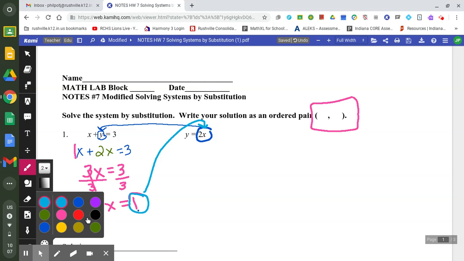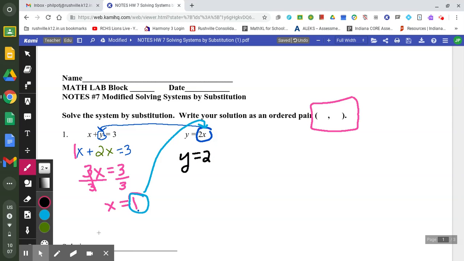So now I have y equals 2, which was part of the problem, and then instead of the x, I'm going to substitute in the 1. So now y equals 2 times 1 is 2. And now I have an ordered pair. And in my ordered pair, the x value always comes first. So 1, 2 is my answer.